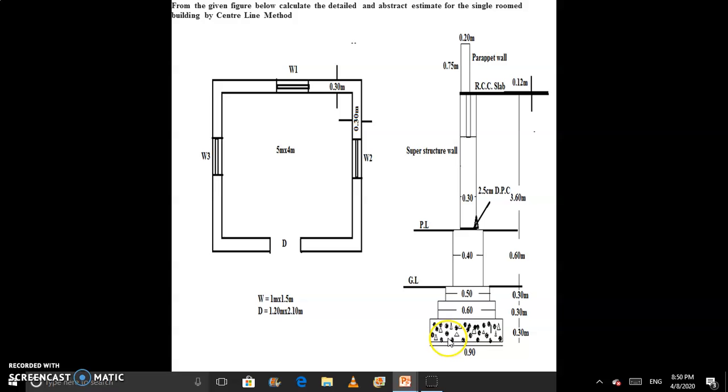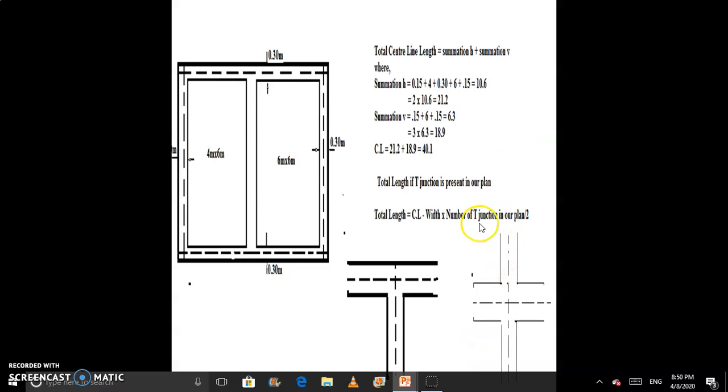For example, if we take the width from the foundation, the foundation is 0.90, 0.90 divided by 2 into the number of T-junctions, which is 2. So total length for the foundation part is CL minus width by 2, meaning 0.90 divided by 2, into the number of T-junctions, which is 2.